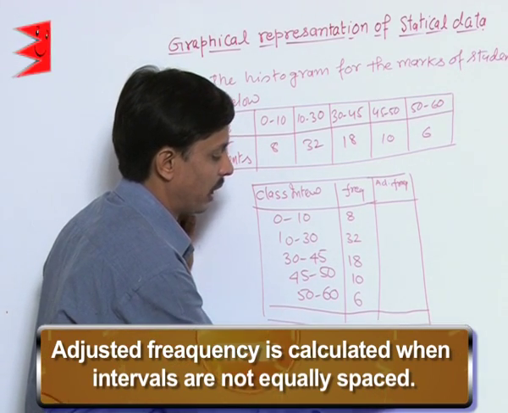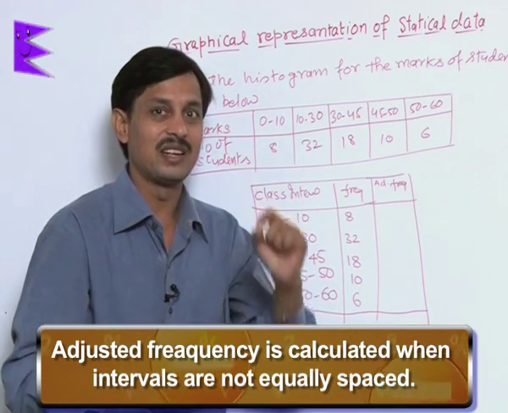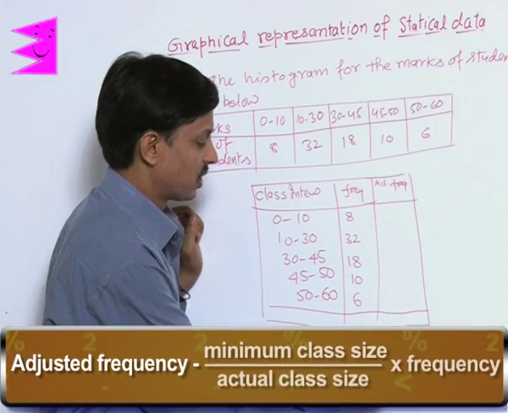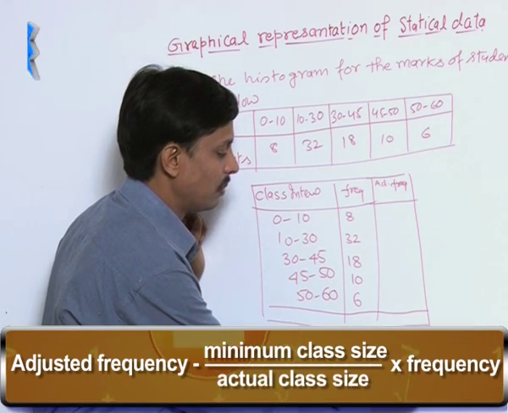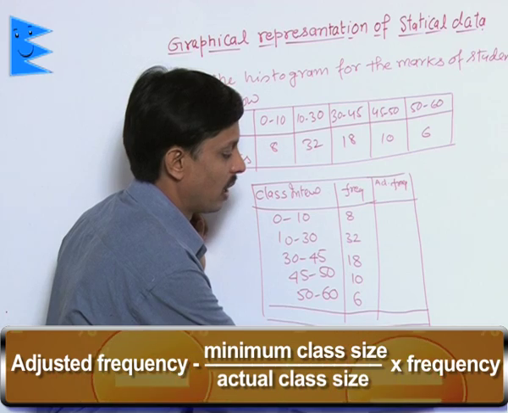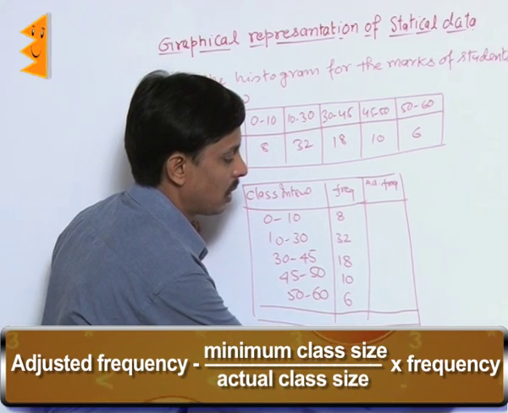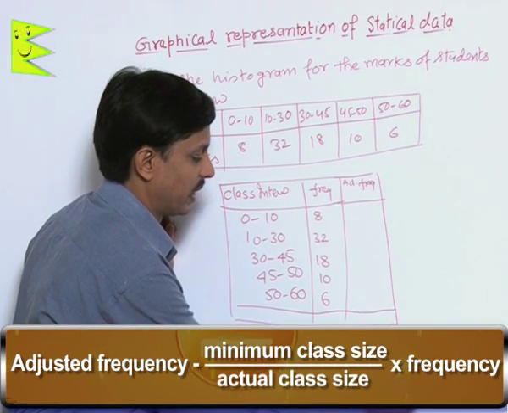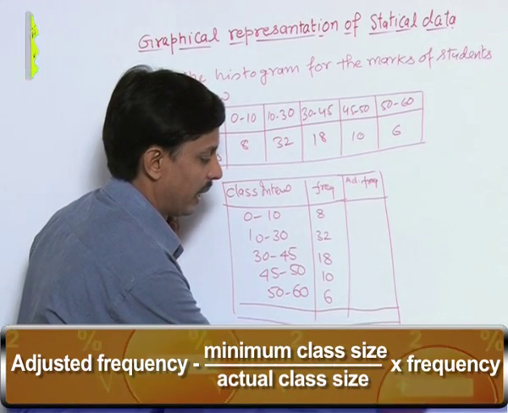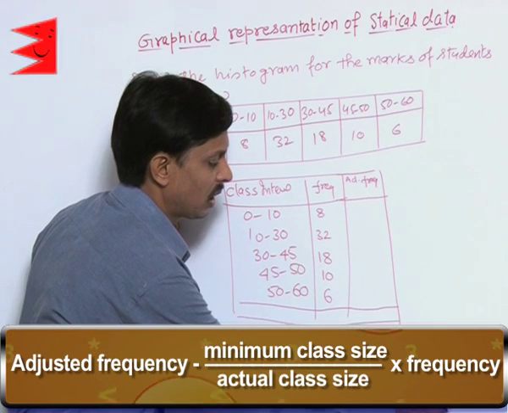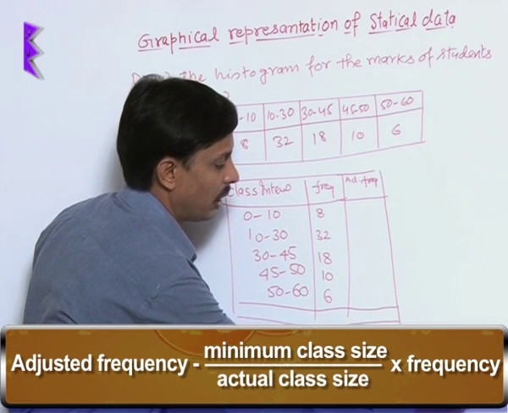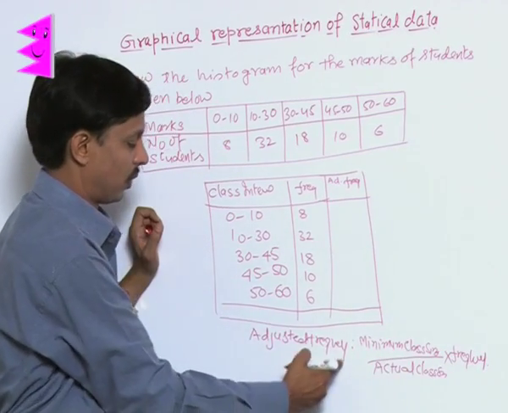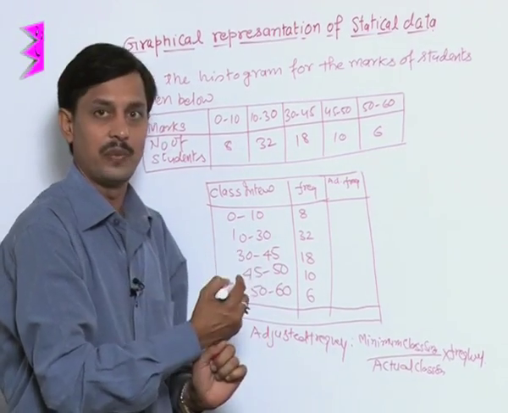This is calculated only when intervals are not equally spaced. Adjusted frequency is the minimum class size upon actual class size, into frequency. This is the formula for calculating the adjusted frequency.